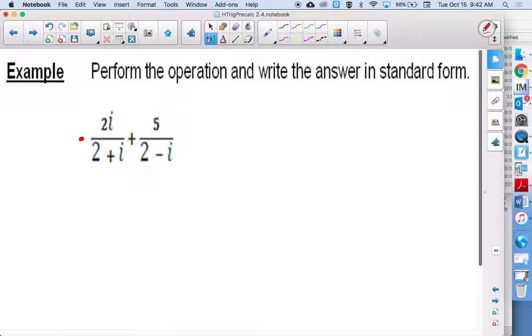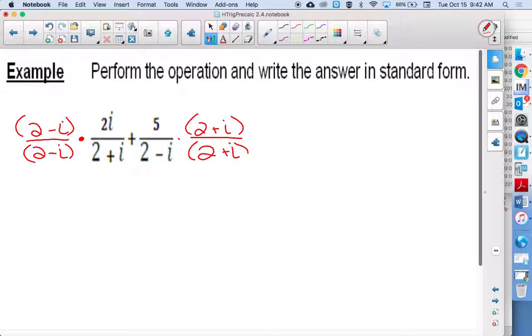You want to get the i out of the problem first. So i needs to be eliminated from the denominator by multiplying with the conjugate. So the left side has 2 plus i, that means the right side is 2 minus i. So we're using the conjugate for both sides of the fraction. Remember, the goal is to get the i out of the denominator.